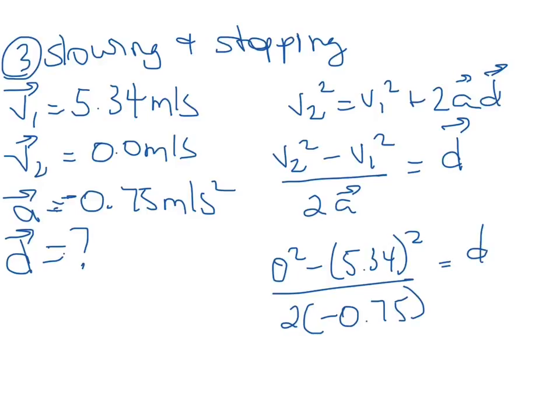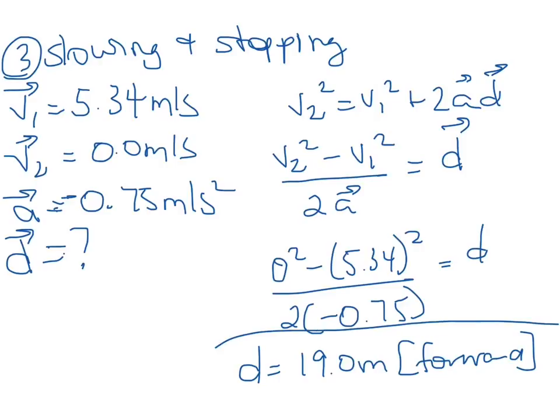So when you rearrange all of that and solve, you get 19 meters forward for your D. So you would do 5.34 squared. This negative is going to make that answer negative, and then you're going to divide it by negative 1.5. So that's how you get your D3 being 19 meters.